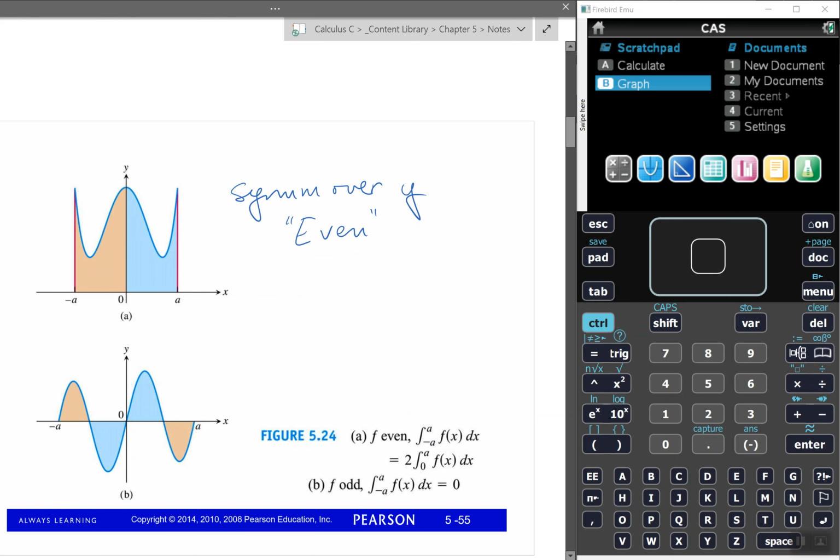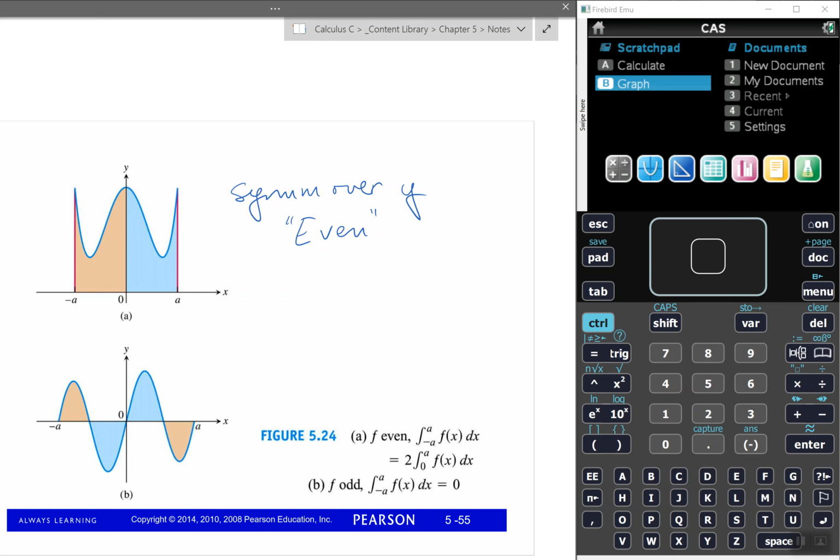So why would we want to do that? Well, it's a lot easier to take the integral and evaluate it at 0 than it is to evaluate it at, say, a negative number. That's because if it's an x function and there's x's in every part, whenever we plug in 0, that part's just going to be 0. So we're essentially just evaluating the upper limit, which can make our problem a lot easier.